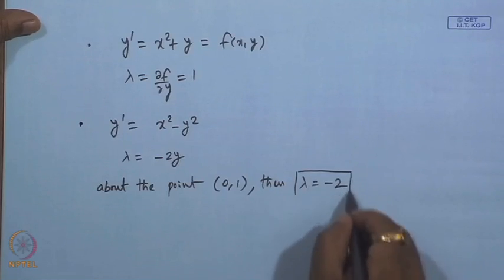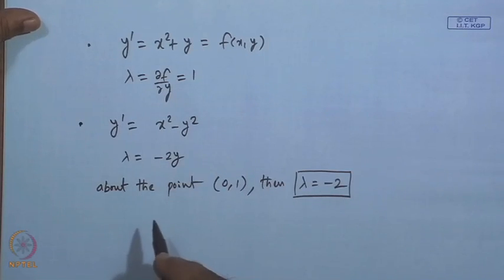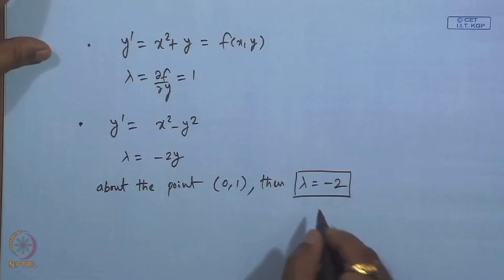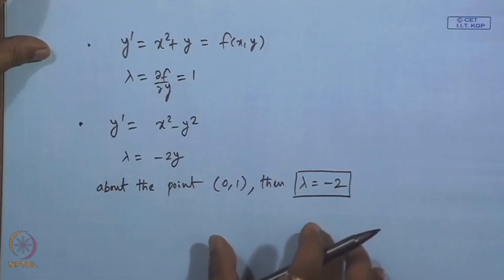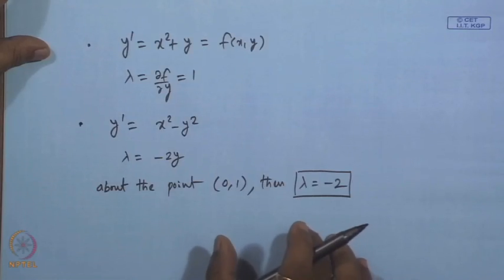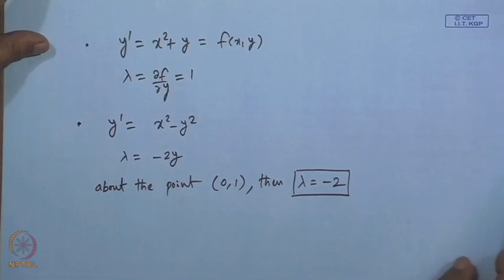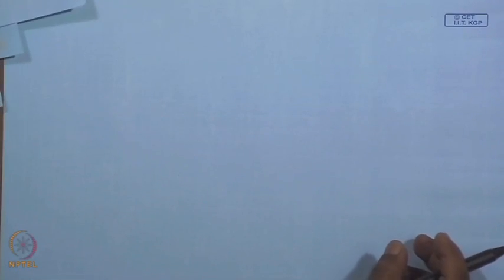For this, keeping this lambda in view for this initial value problem, we have to choose h such that the range of the absolute stability interval is met, okay. So, these are some observations we have to be careful about, okay.